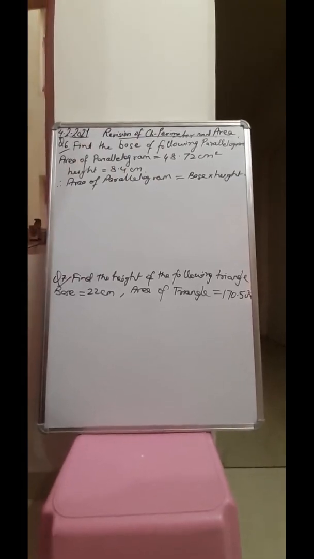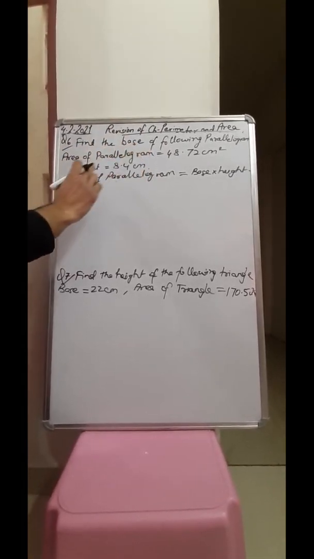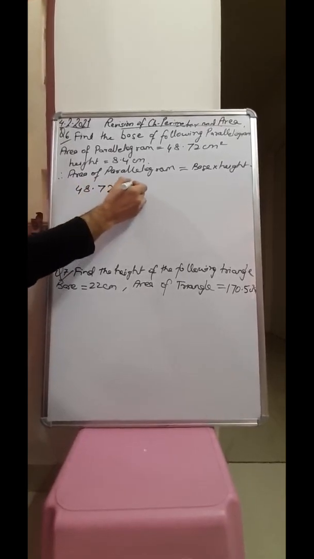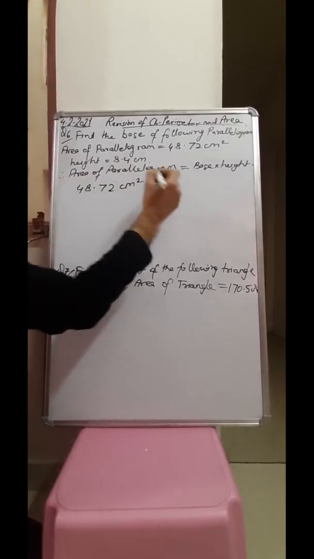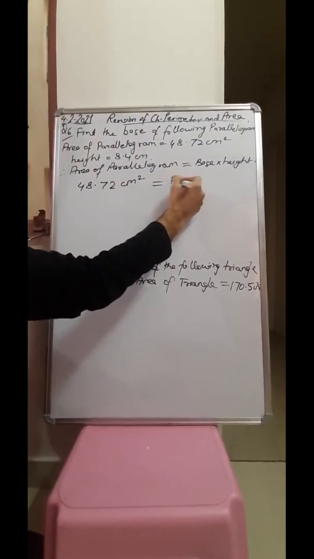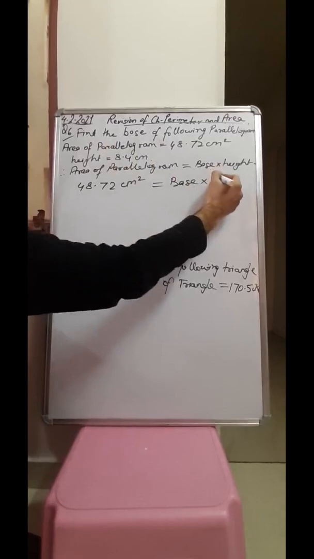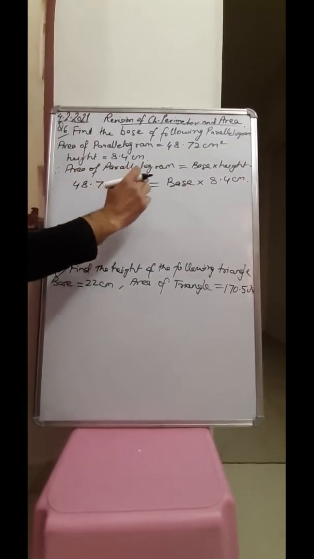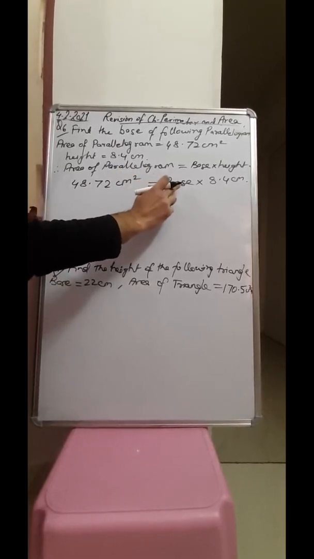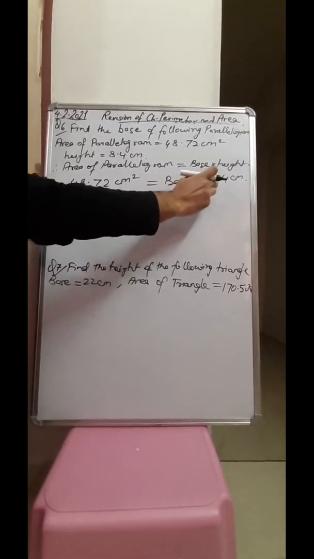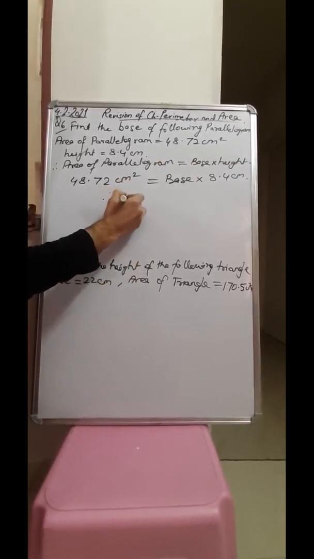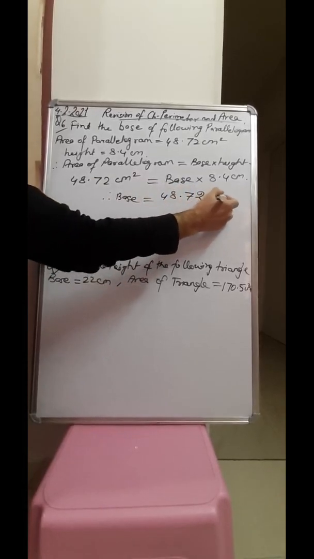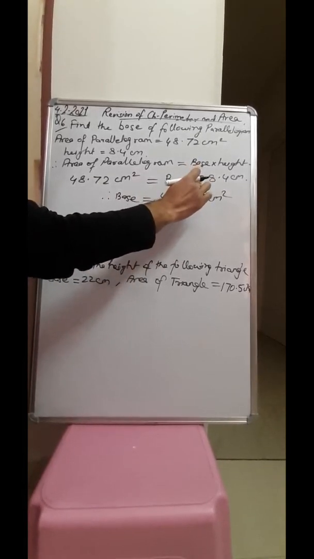So in this question we have been given the area of parallelogram as 48.72 centimeter square and height as 8.4. So in the place of area of parallelogram we can write 48.72 centimeter square. That is equal to base, which we have to find out, and height is given to us, that is 8.4 centimeter. So now this is a sign of equal, and on the right hand side it is base multiplied by 8.4. Therefore, to find out the base, 48.72 centimeter square is divided by 8.4 centimeter, because the reverse of multiply is divide.